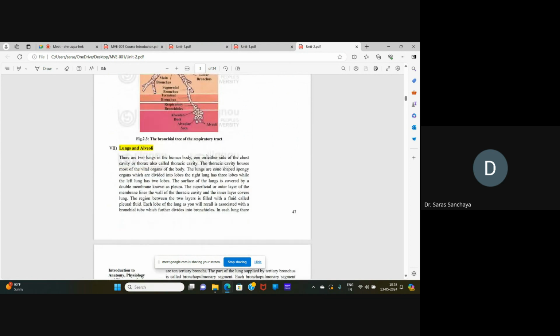Lungs and alveoli. There are two lungs in the human body, one on either side of the chest or thorax, also called the thoracic cavity.